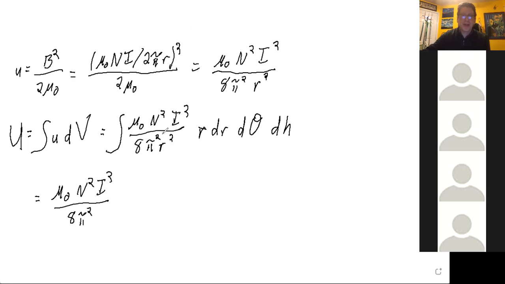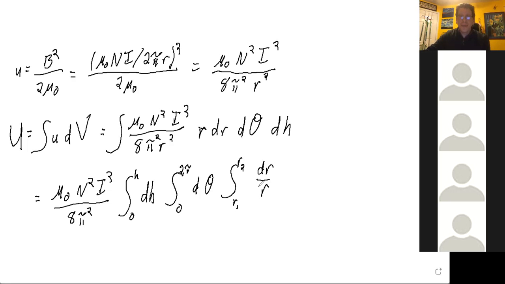There's a square term here. So you're integrating dh from 0 to h, but there are no other height-dependent terms. You're integrating theta from 0 to 2 pi, but there are no other theta-dependent terms. And then you're integrating r dr over r squared from r1 to r2. And that simply becomes dr over r.